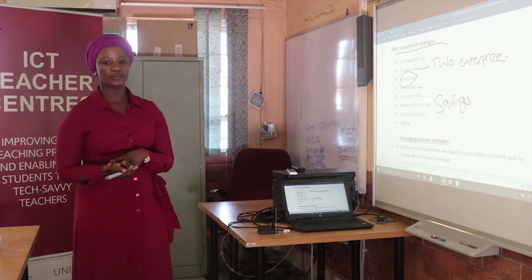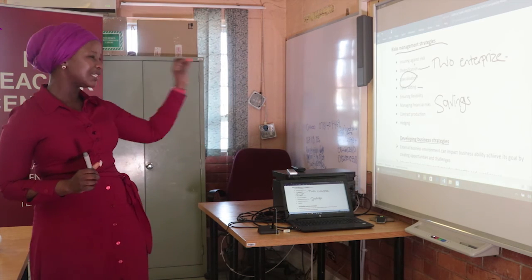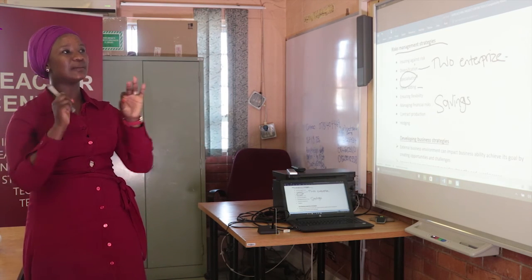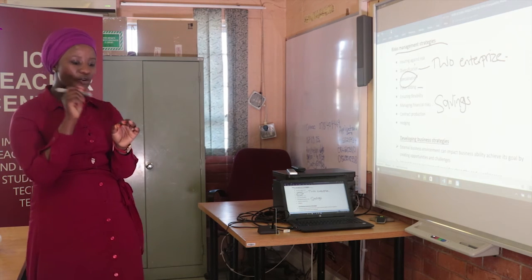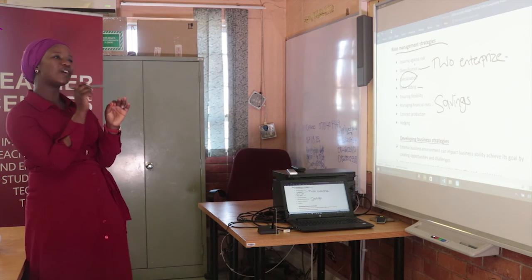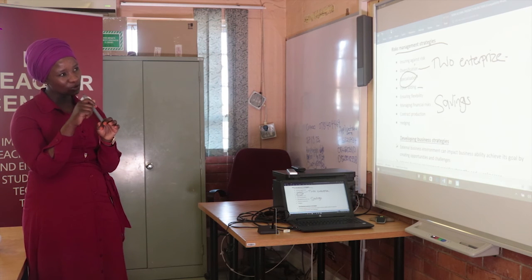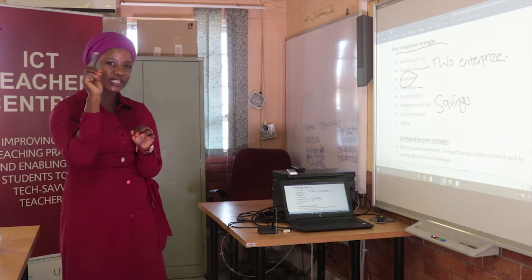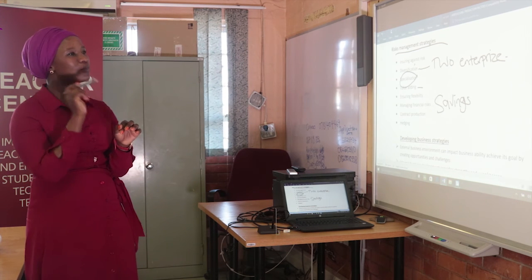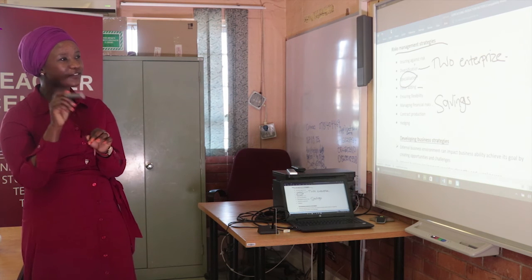Contract production. Contract production can assist us to minimize the market risk. When I go to the market, I may find that somebody else is supplying the market with a certain produce. But I'm on contract with these people. I said to them, I'm going to give you 100 millis every month.